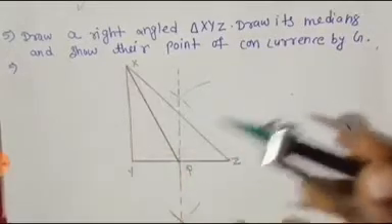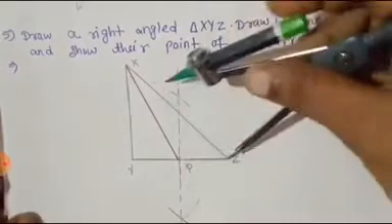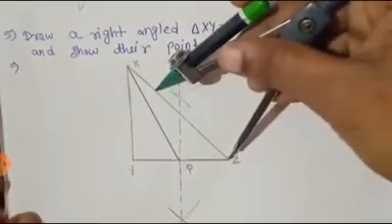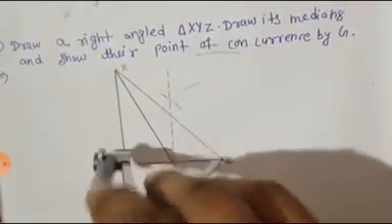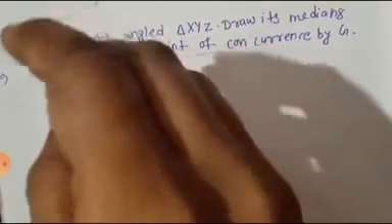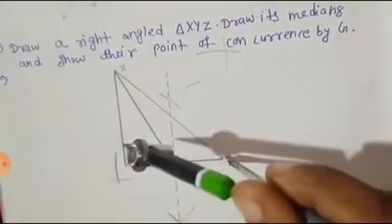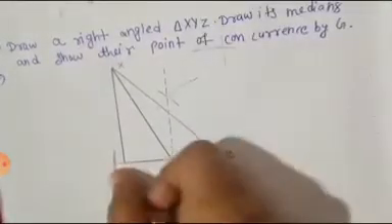Similarly, we will take more than half of XZ. One time put on X, draw the upper arc and lower arc. Another time put on the other point and again draw the upper side arc and lower side arc. You will get a fine point.